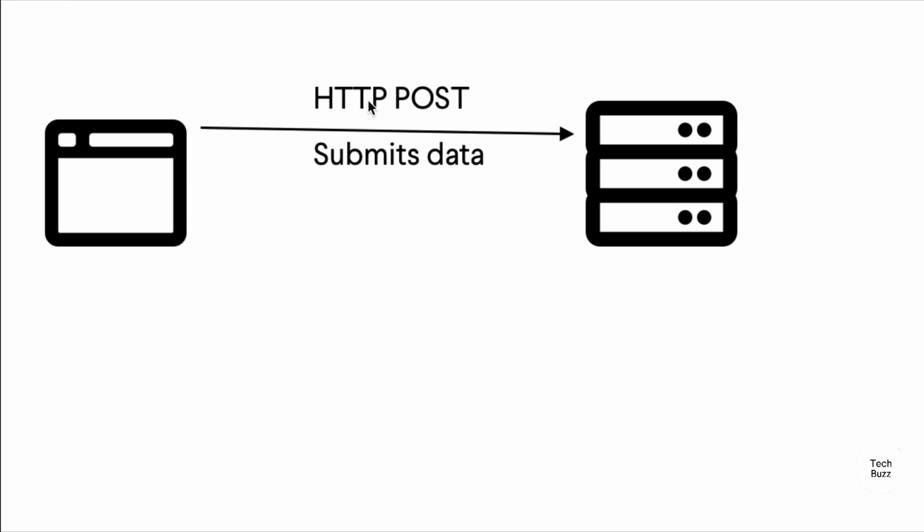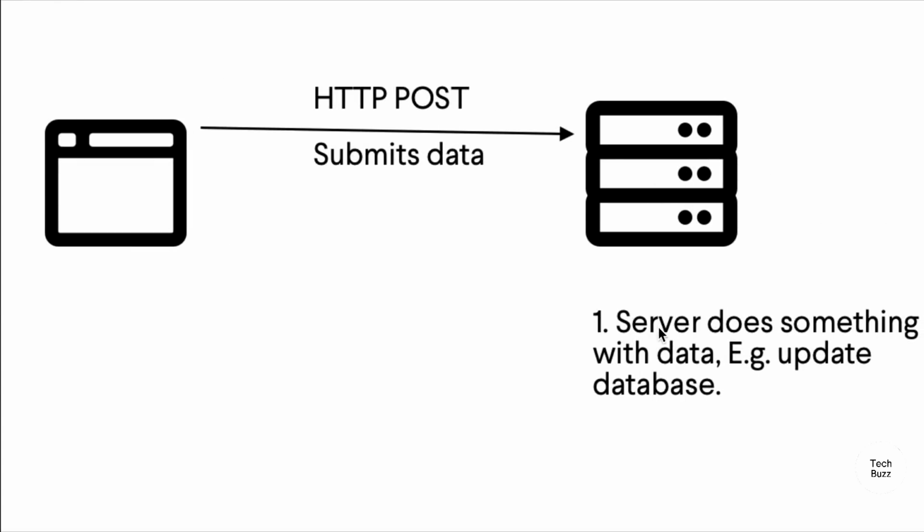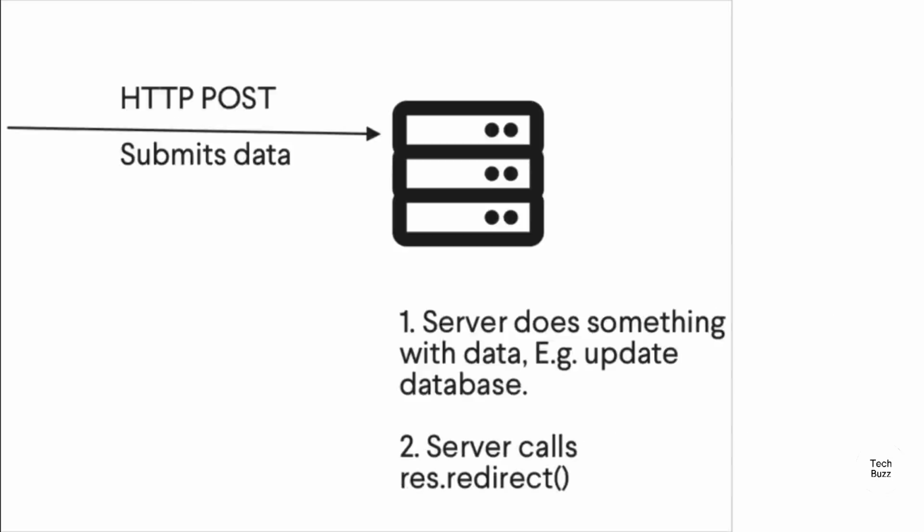There are multiple HTTP methods, and what method is to be used is defined in the form definition on that particular HTML page. But most of the time, and almost always, a post request is used. And once the server receives the post request, it does something with the sent data, such as updating a database. And then the server typically calls the res.redirect method. Again, this is specific to Express.js, to redirect the browser to another URL or path.